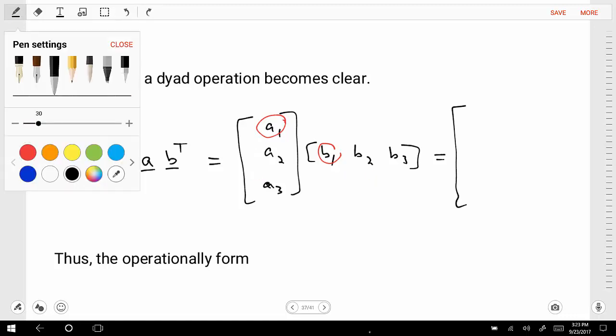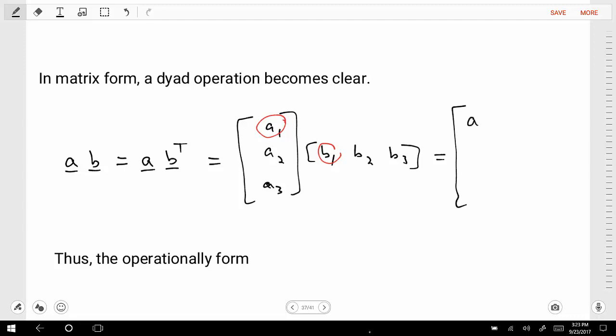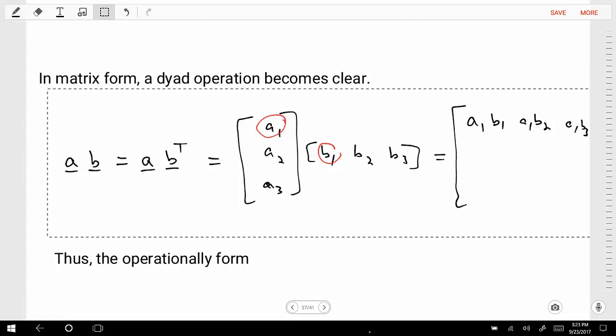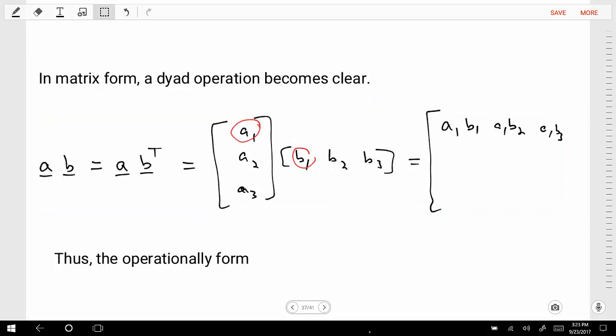So let's try that. We start with the first position, A1, B1, and then our second term, A1, B2, and our third term, A1, B3. So we've built these three components where our second index indicates column 1, column 2, column 3.